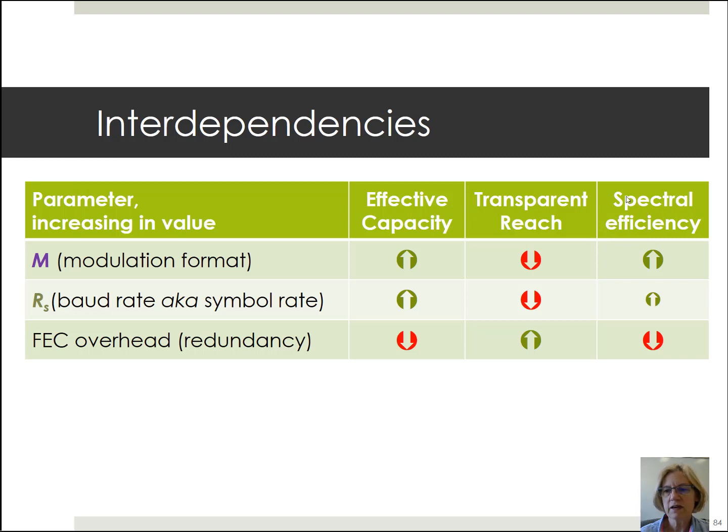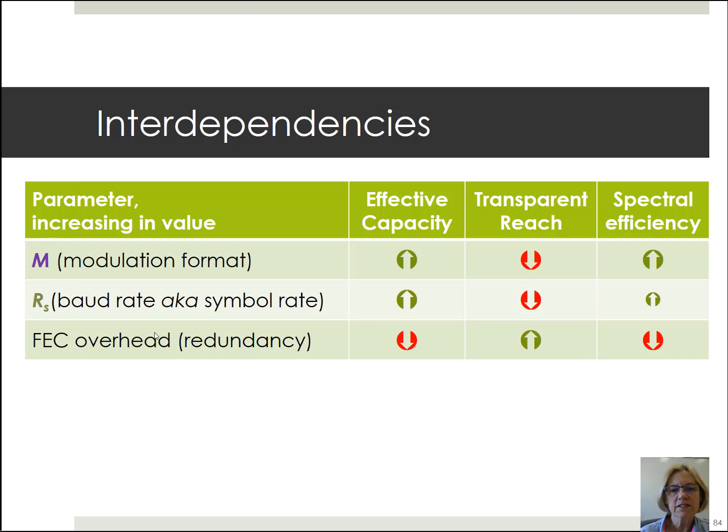So those were the three characteristics that of course we wanted to be as good as possible: highest capacity, longest reach, best spectral efficiency. And we looked before at how changing modulation rate, the size of the constellation, changing the baud rate and changing the FEC overhead had an impact.